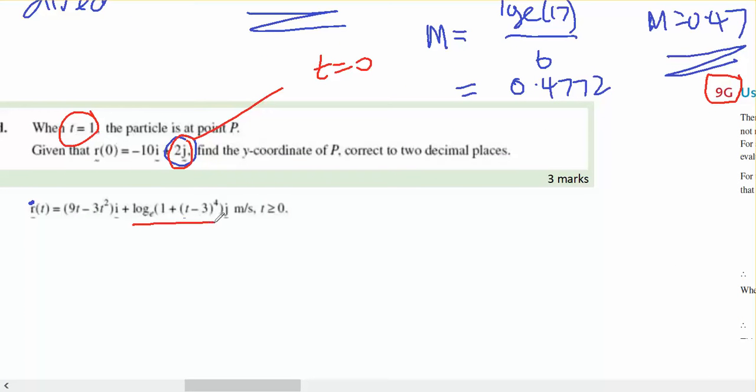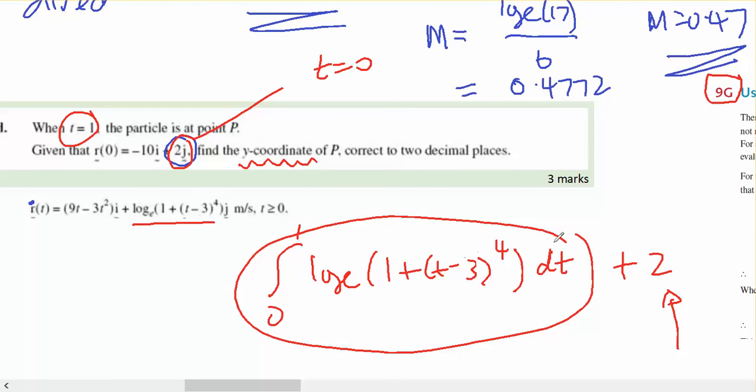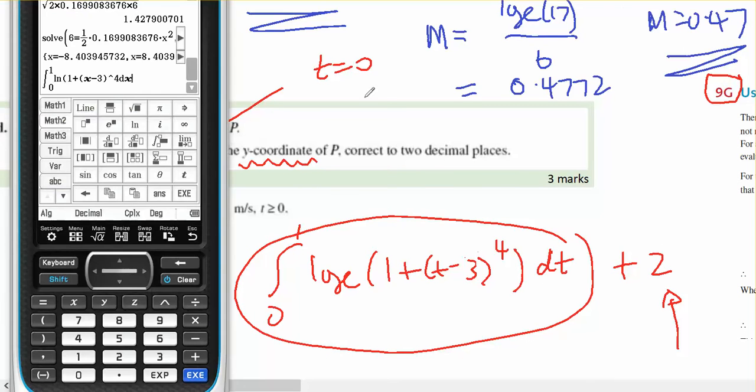So I only need to integrate the j because it's only the y coordinate. So I'm going to integrate log base e of 1 plus t minus 3 to the power of 4 dt from 0 to 1 plus 2, and this will give me the change in the y value. Now, when you're entering this in the calculator, my cursor at the moment is still inside the integral.